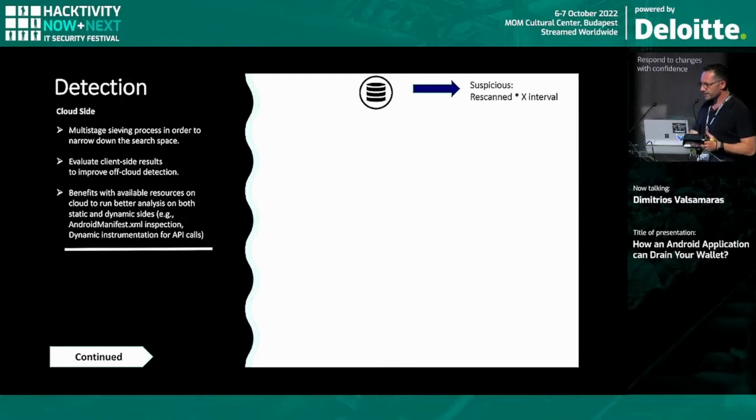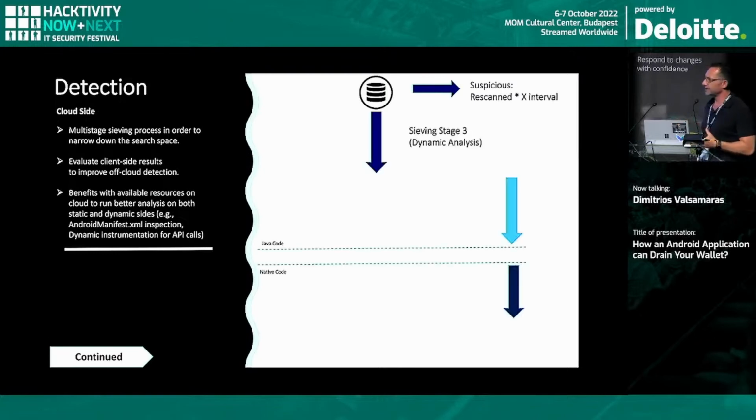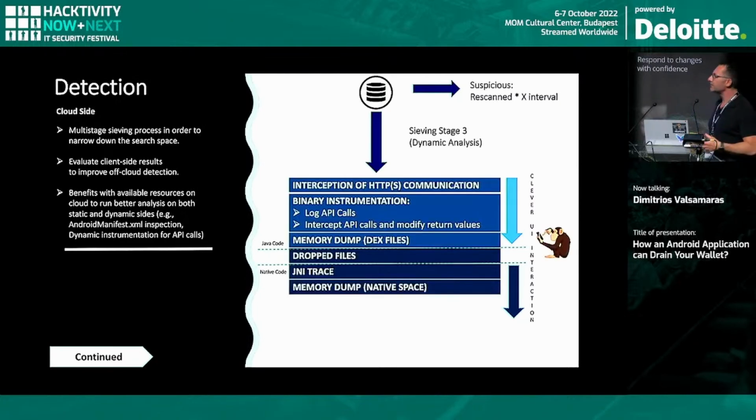So what we're trying to achieve here is to trigger as much functionality as we can, so we want to expose this functionality as much as we can. We're trying to interact in a clever way with the malware and at the same time observe some things. So what do we observe?